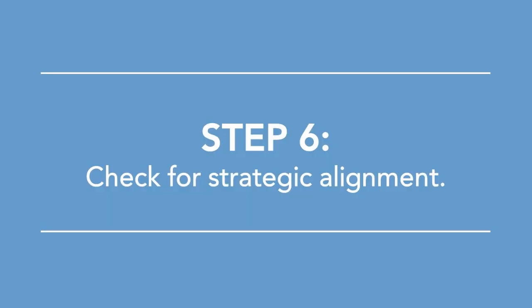Step 6 is check for strategic alignment. Because we started off with activity measures in our plan, there is a better than average chance that we weren't clear enough in the beginning about what was strategically important. We may have selected qualities back in step 3 which aren't closely aligned with our strategy or our priorities.